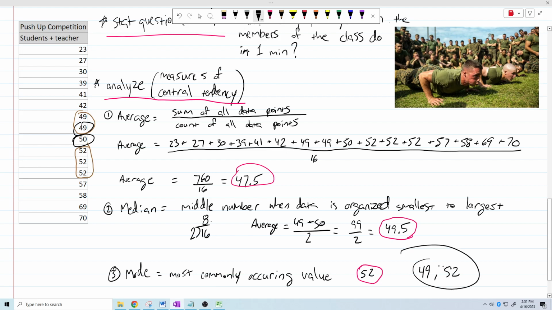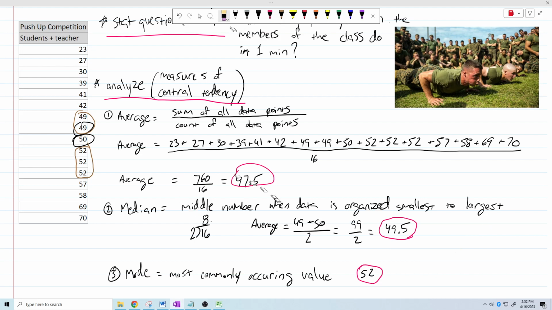That would be your mode. That would be the answer to the question. However, that's not the case here. We do have an explicit mode. We do have 52 explicitly occurring more often than 49, or in fact any other number here. So in this one, we don't need to really worry about it, guys.